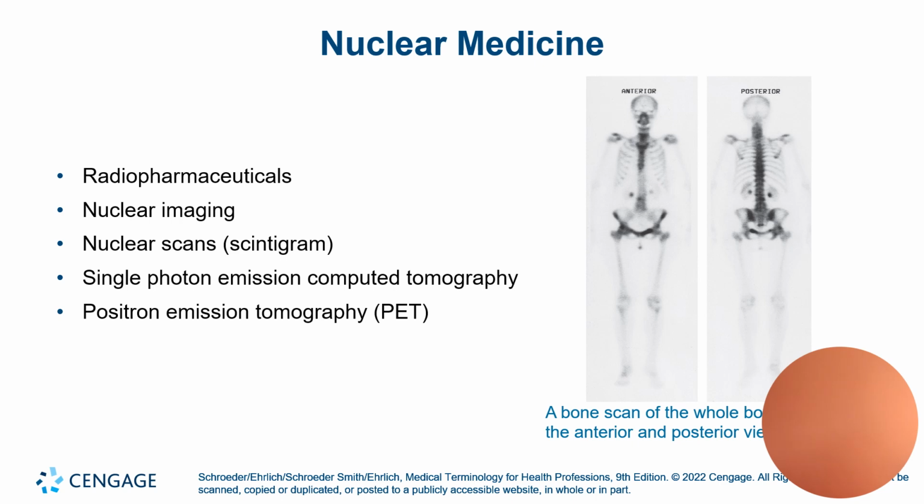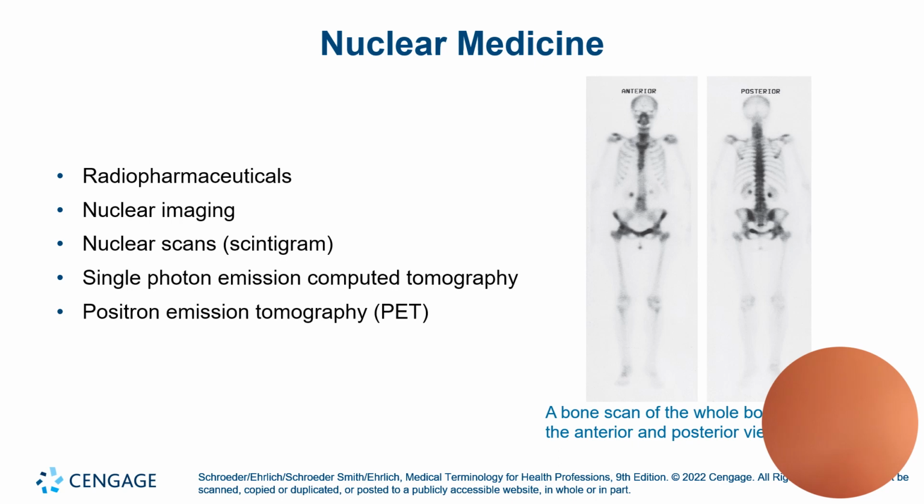They emit gamma rays and help generate an image. Nuclear scans, called a scintigram, we can do this for a bone scan to help identify new areas of bone growth or breakdown. A thyroid scan that uses radioactive iodine.